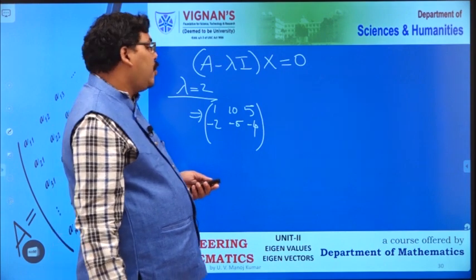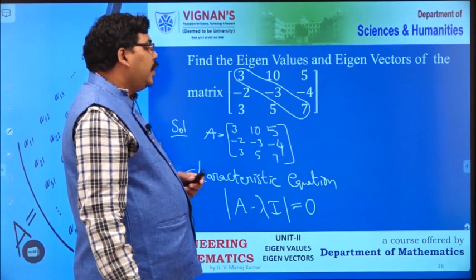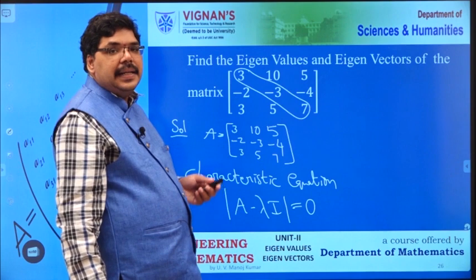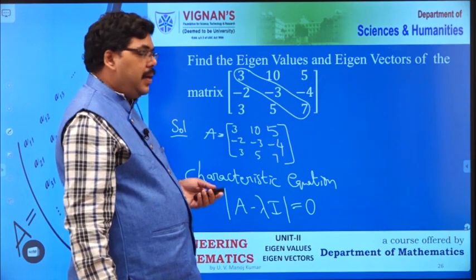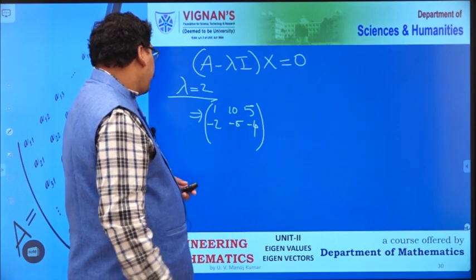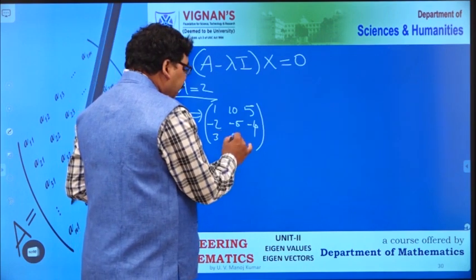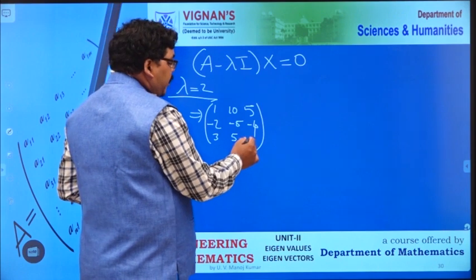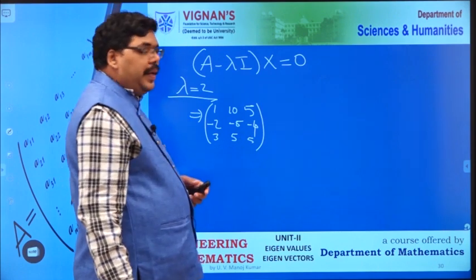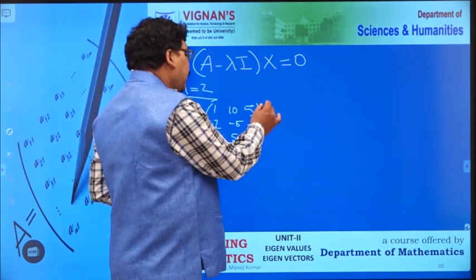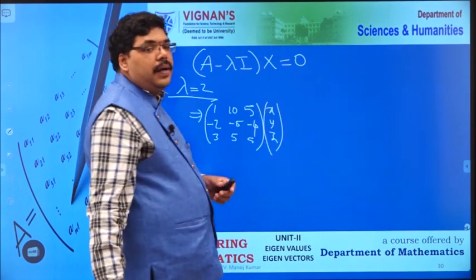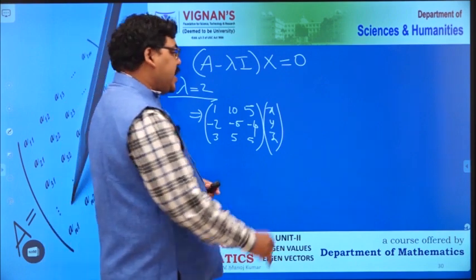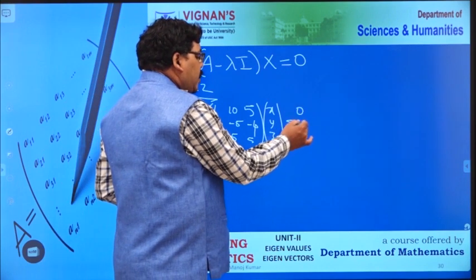Similarly, the third row is 3, 5, 7. In the third row, subtract lambda from 7. So 3, 5, 7 minus lambda, 7 minus 2, 5. This will be A minus lambda I, and as the size of the matrix is 3 by 3, we take 3 variables, 3 unknowns x, y, z equals 0.